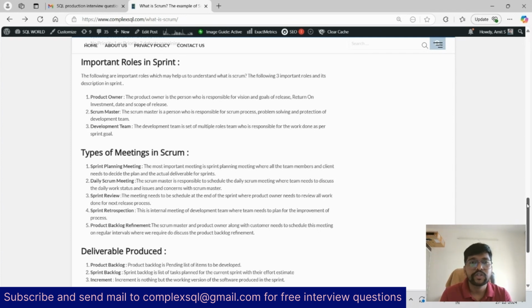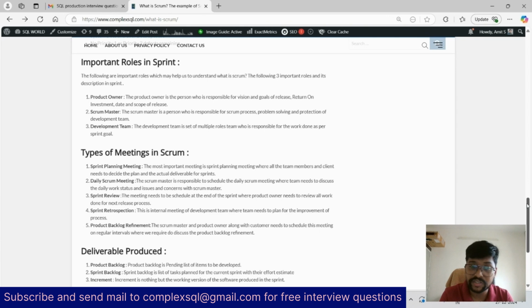Then sprint review. This process depends on customer feedback, early customer feedback. So you require to take feedback not only from the product owners and business analysts, but also from the actual users of that application. So there are different sprint review meetings organized for the same.